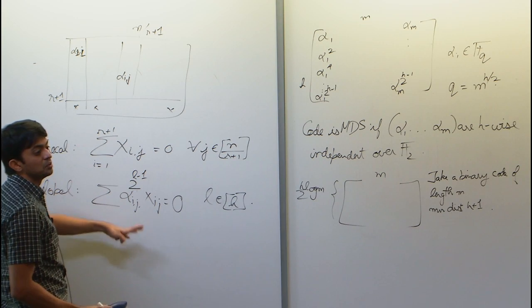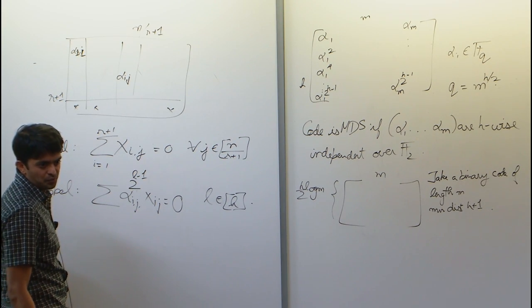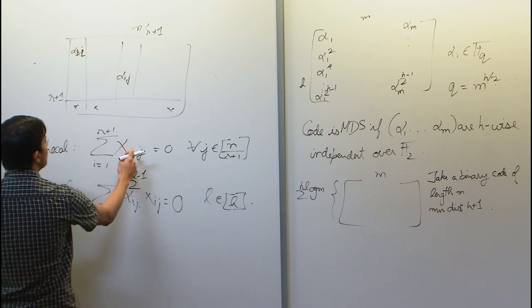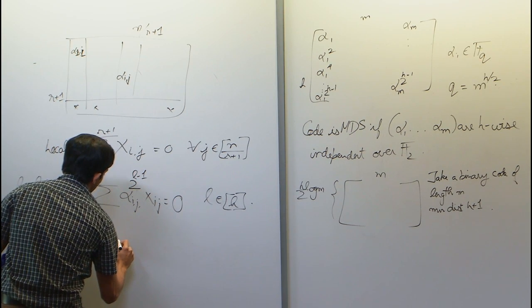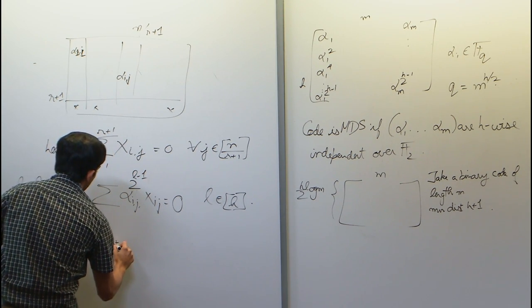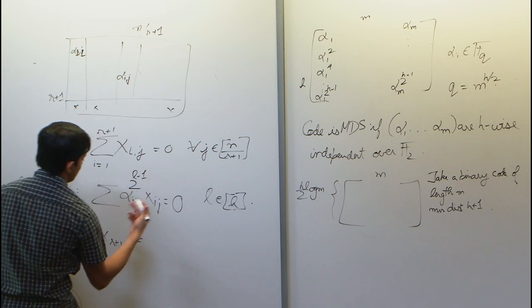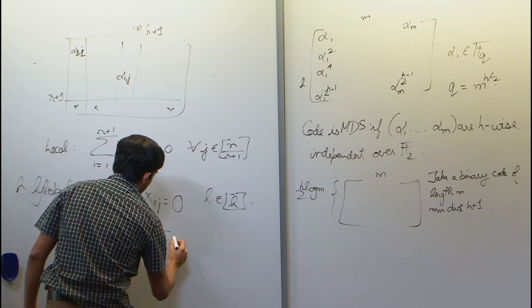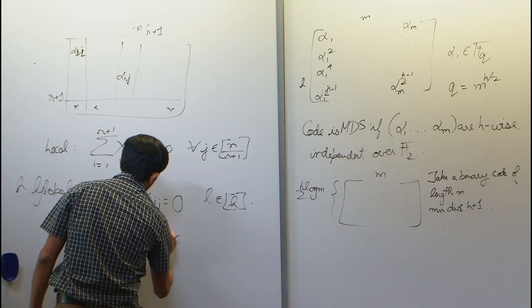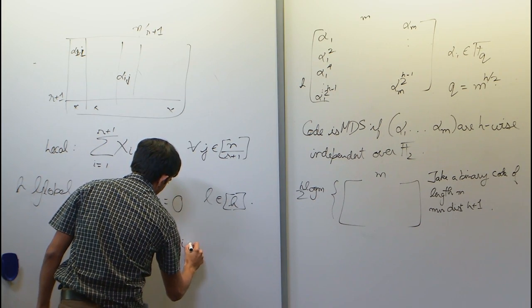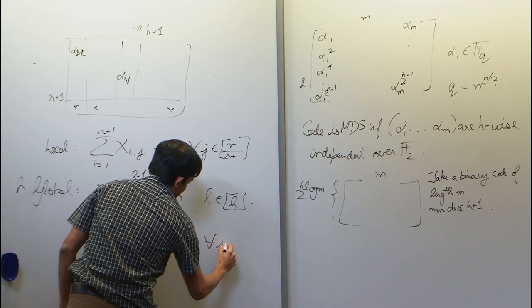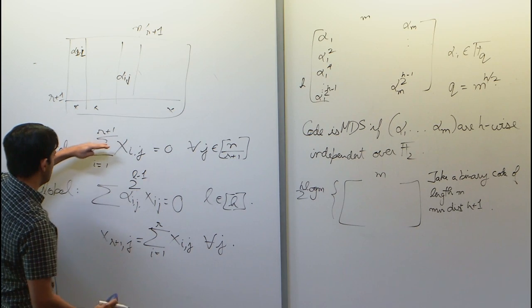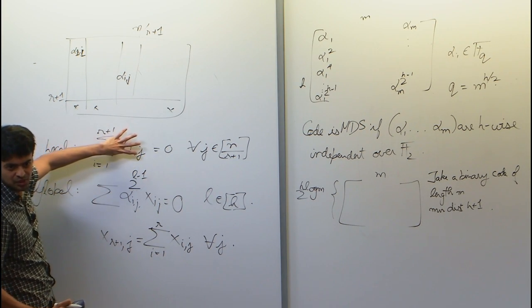We want to argue that we are left now with an MDS code. How do you do that? Well, you just eliminate x r plus 1 from each column, you eliminate the last symbol by writing it as the sum of the other symbols for all j. Okay. So now we've used this to eliminate the missing symbols.